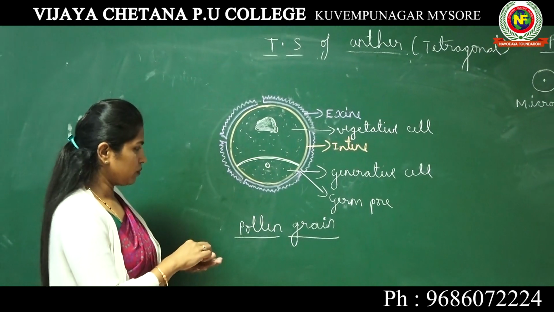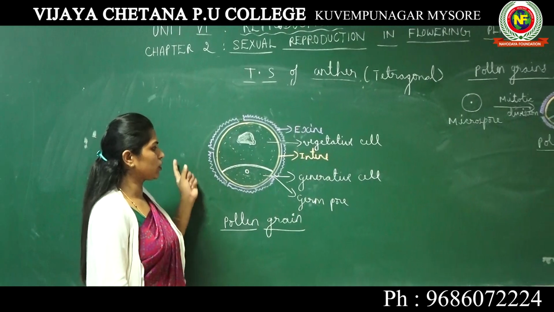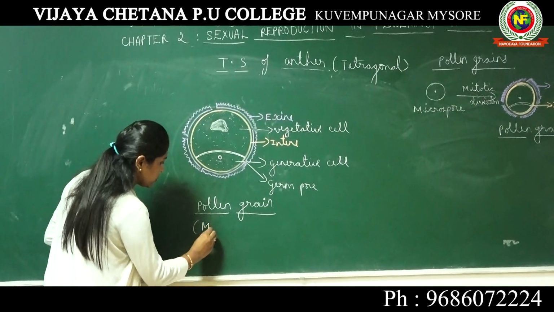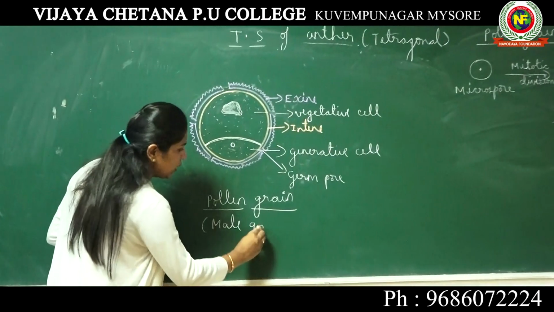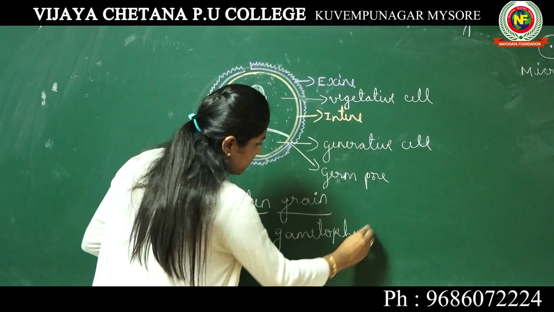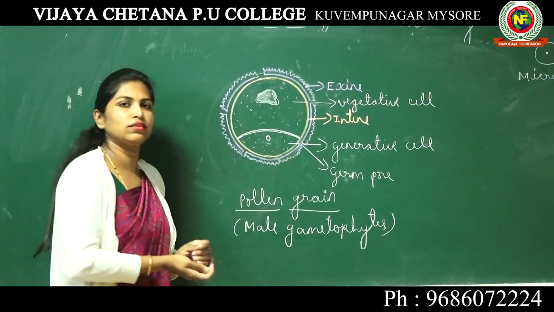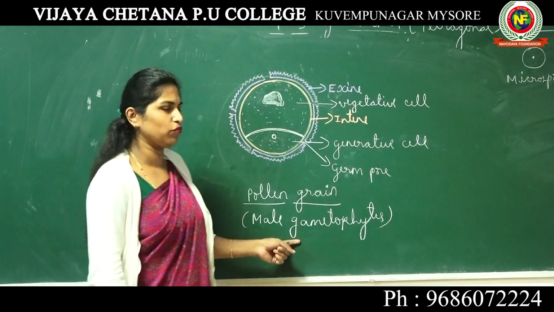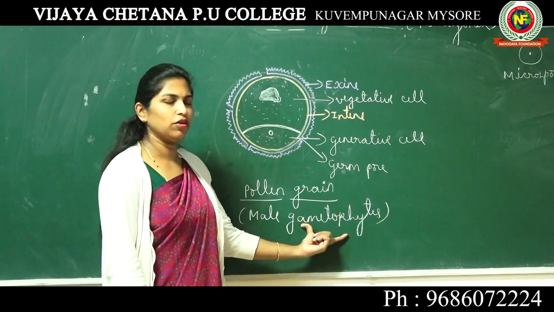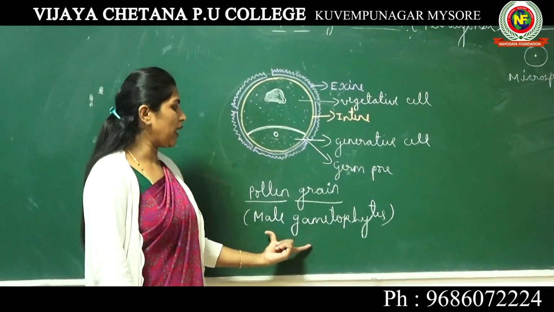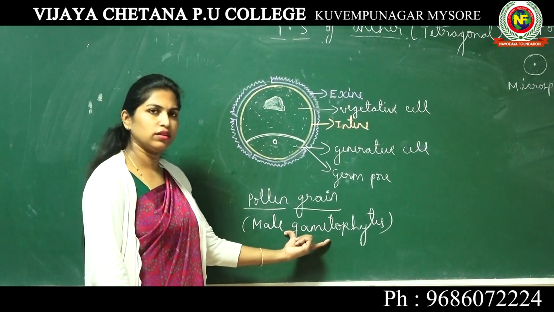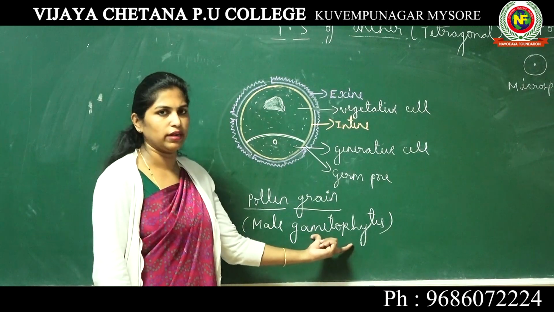Now, what is this structure? Pollen grains are also known as male gametophytes. What is the meaning of male gametophyte? A plant part which carries a male gamete is known as a male gametophyte.